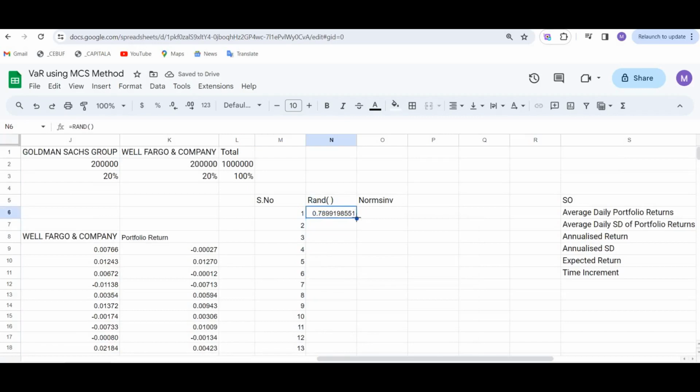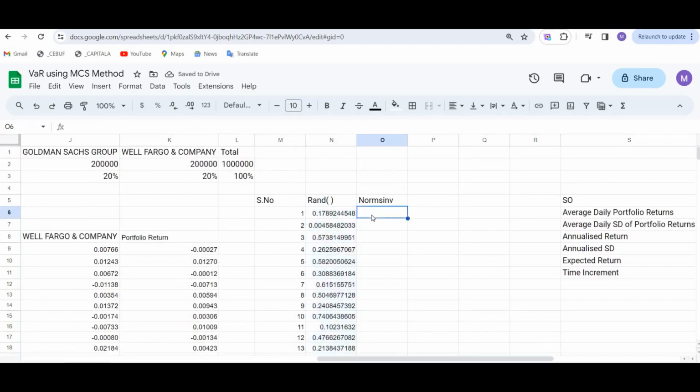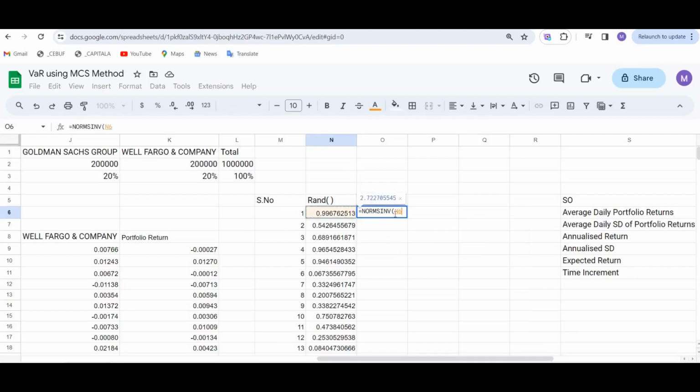Same, we will copy and paste it till 100. Then the formula is NORM.S.INV, and select the random number next to it. Enter. Now the same, copy and paste it down.